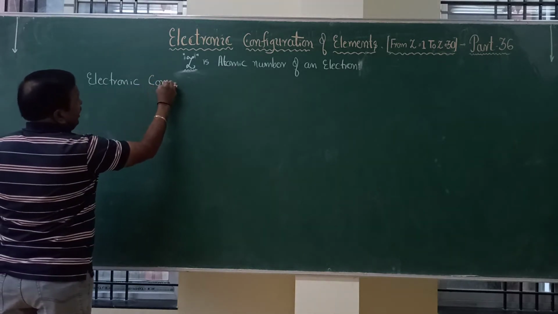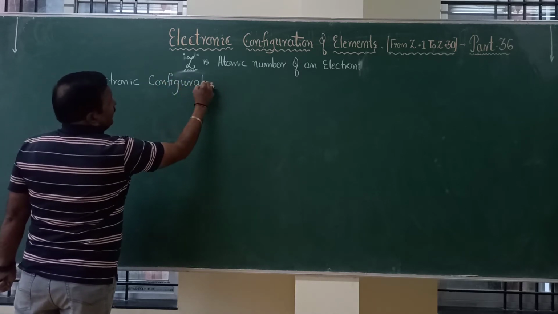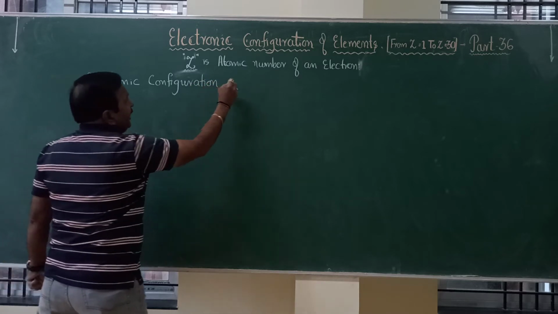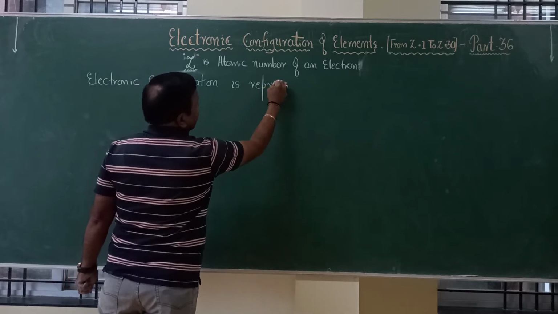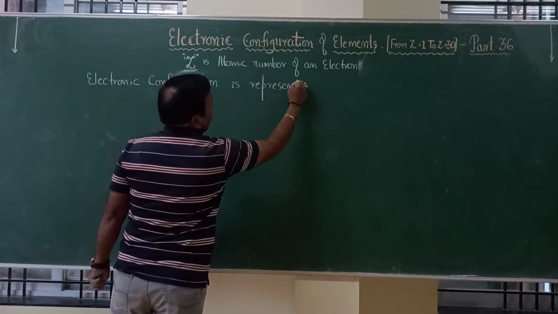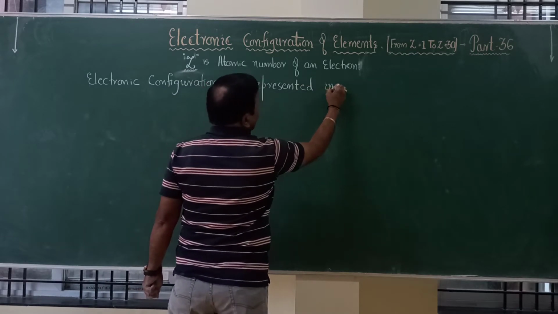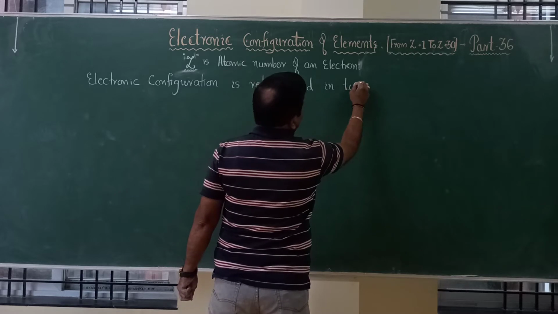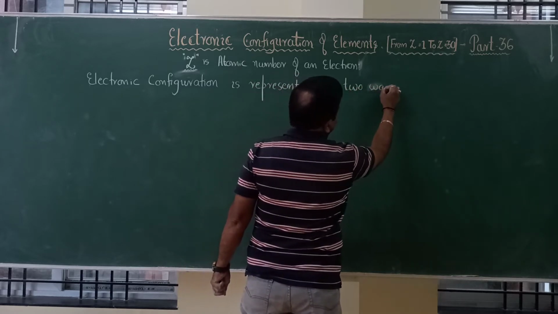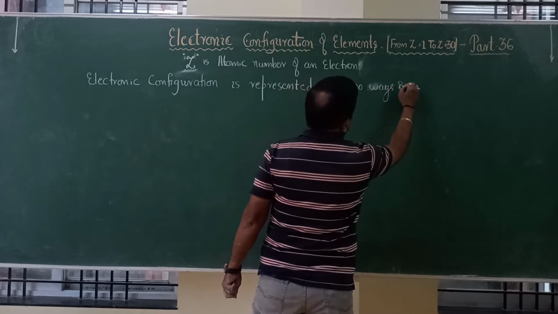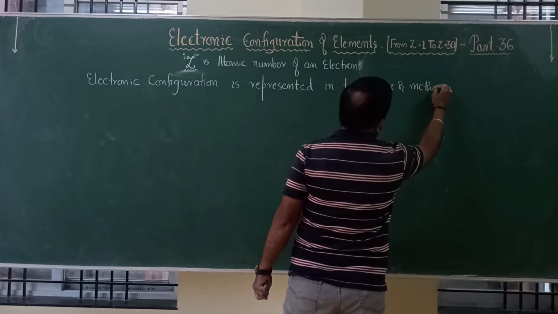Electronic configuration is represented in two ways or two methods, whatever you want.